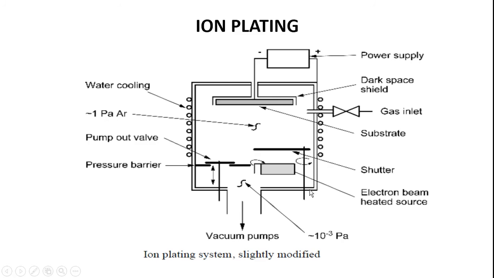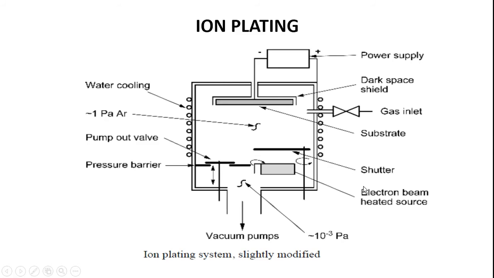And this is the power supply that makes the substrate negatively polarized, and the positive polarity is connected to the source. So this is the schematic diagram for the ion plating system, and this particular drawing you have to learn by heart.